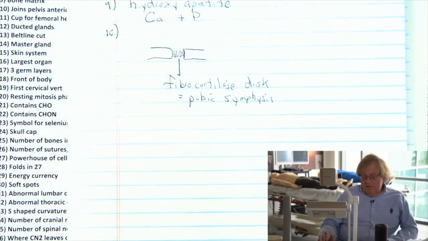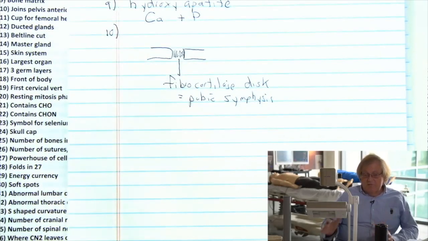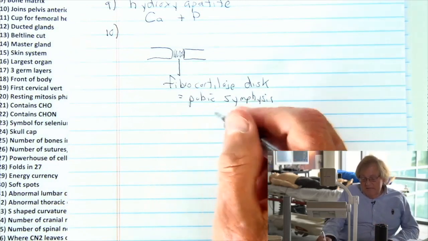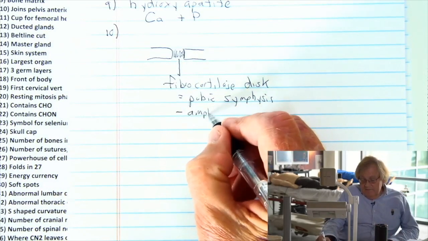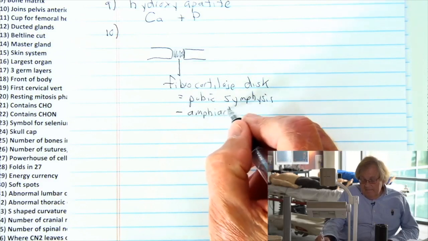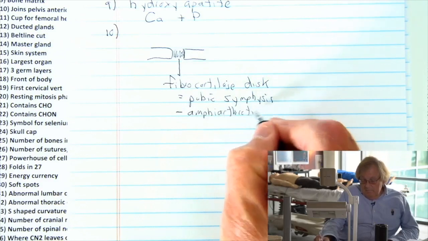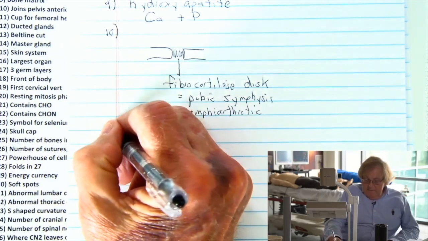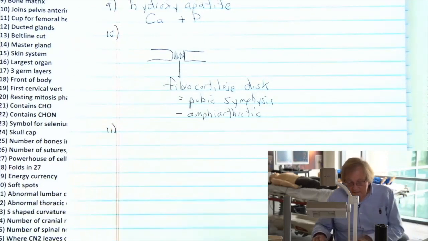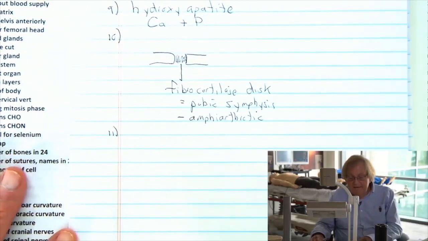So as you learn about terminology, because the pubic symphysis has a little bit of movement in it, we're going to say that it's an amphiarthrotic joint. Slightly movable. 11 says the cup for the femoral head.